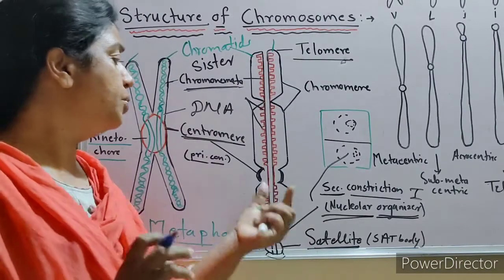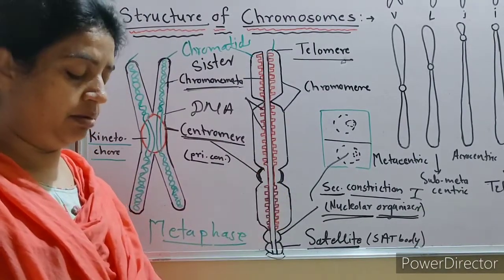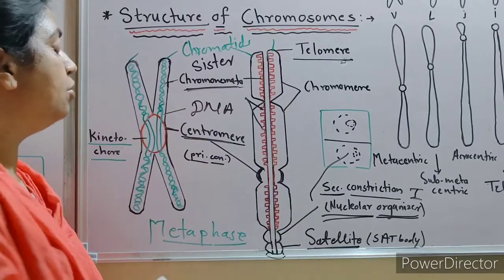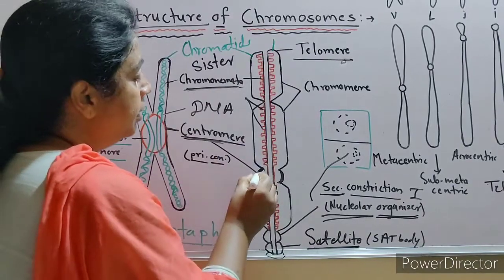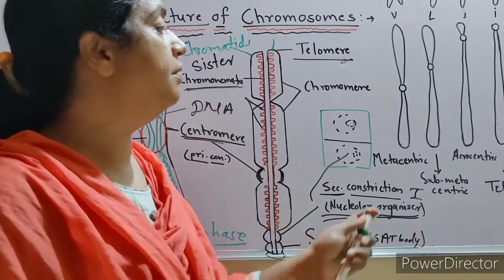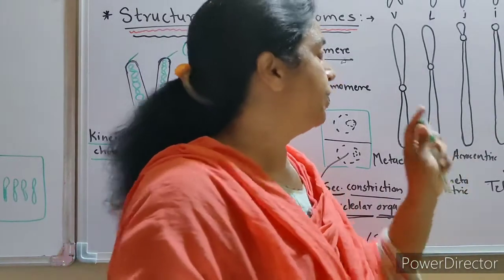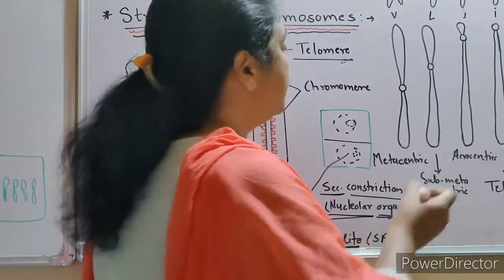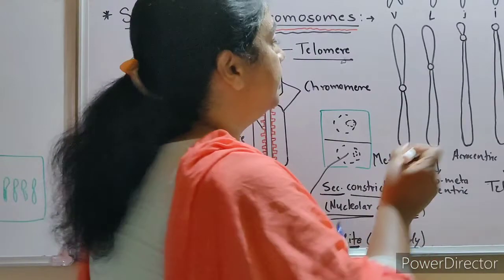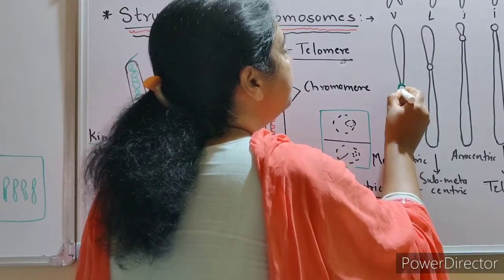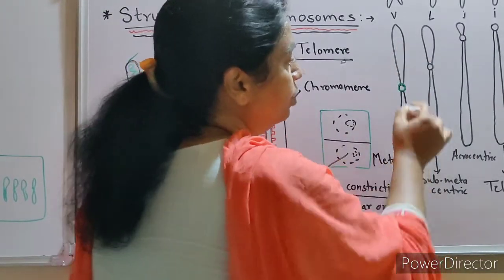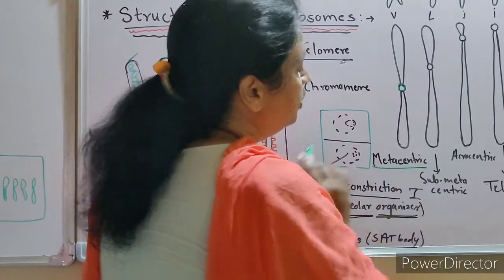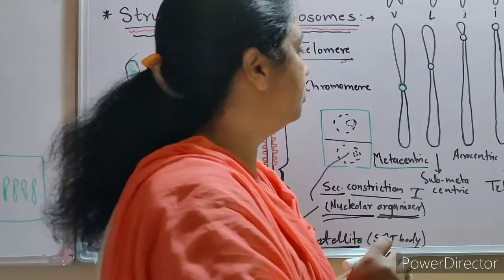According to the position of the centromere, where it is situated, chromosomes are divided into four types. When the centromere is present at the center and both arms are equal, it is called a metacentric chromosome.